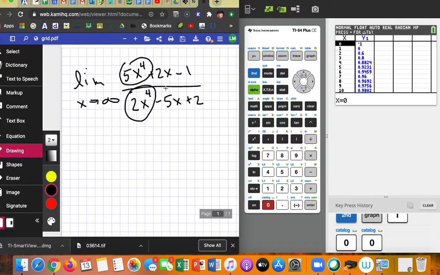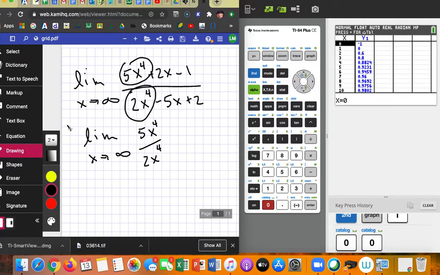So if x is getting really, really large, these terms are going to drop off. Now I'm not going to cross them out, because mathematically that's not correct. So I'm just going to rewrite here the limit as x is approaching infinity, and write those without the smaller terms.